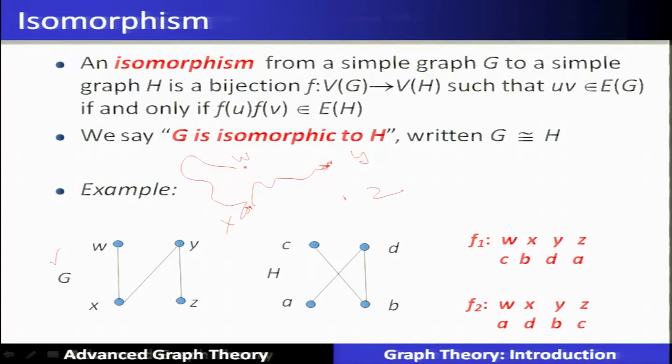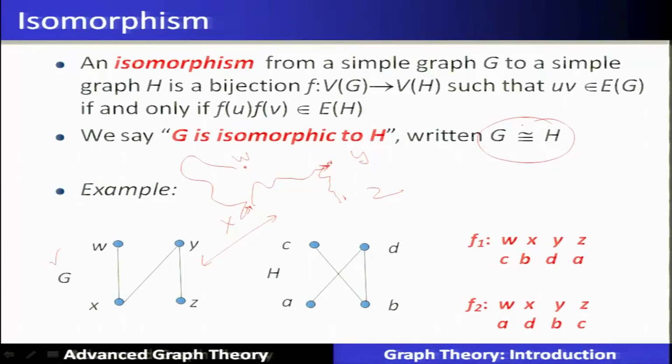Both these graphs are isomorphic in the sense that this connection between W and X, you can represent either using a line or as an arc, the way you like. All these connections are preserved in the other graph. All the relations and all the vertices are preserved, then it is called isomorphic. So, G is isomorphic to another graph, and this is represented by this particular notation.